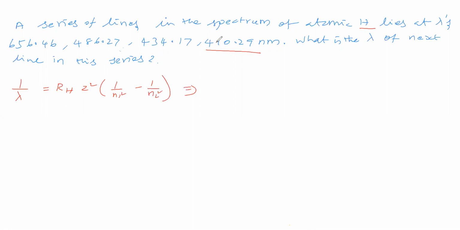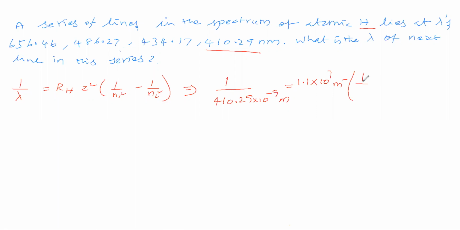We will substitute the wavelength 410.29 nanometer, because for this they are asking the next. We convert nanometer into meter, which is 10 to the power of minus 9 meter, and the Rydberg's constant we substitute as 1.1 into 10 to the power of 7 per meter. Z is 1 for hydrogen, so leave it.